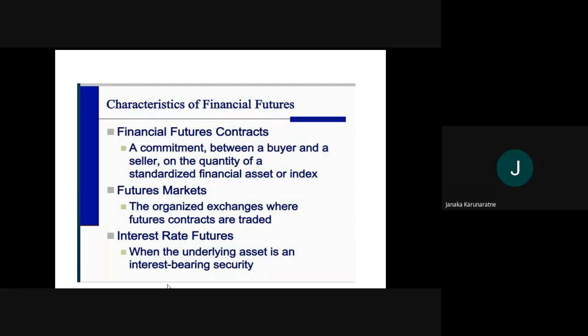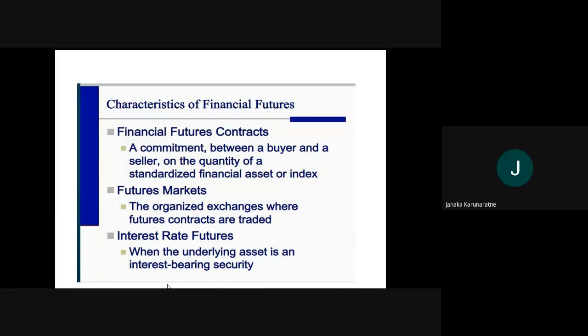If you look at futures markets, again, there are recognized futures exchanges in the world. Unfortunately, we don't have a derivative market in Sri Lanka. Probably you may have one in future where the banks and financial institutions can use this instrument for their risk management purposes.